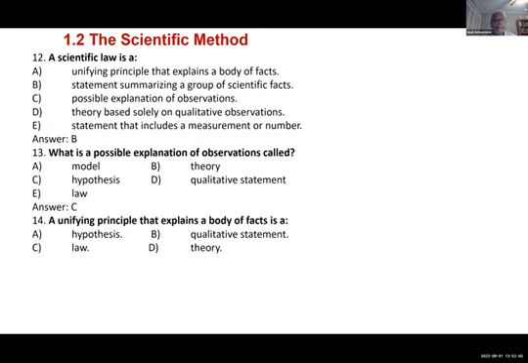Law is the summary of data. So theory is the unifying principle that explains a body of facts. It is called theory. So the answer is... model is not an answer. Model is used as part of the theory. Models are used in theory. D is the correct answer. A unifying principle that explains a body of facts is called theory.